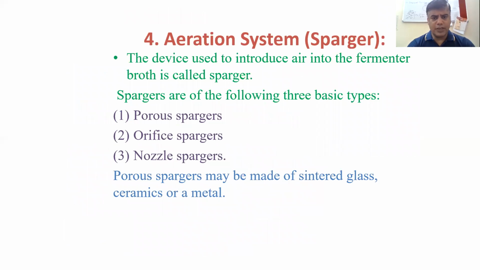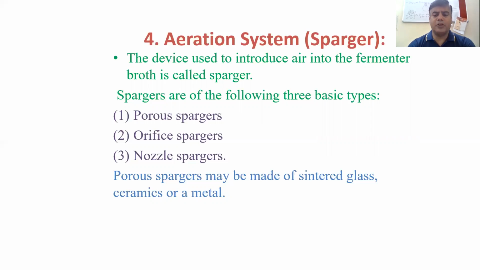If we talk about the aeration system, the device used to introduce air into the fermenter broth is called a sparger. Spargers are of the following three basic types: porous, orifice, and nozzles. This provides the aeration in the fermenter through which sterile air is introduced into the fermentation tank.